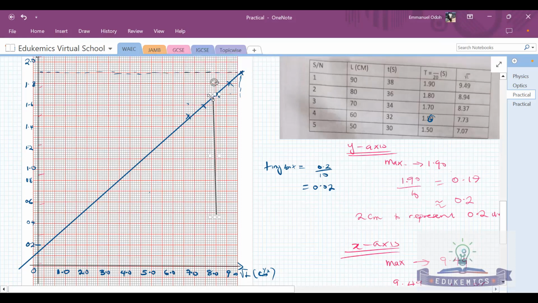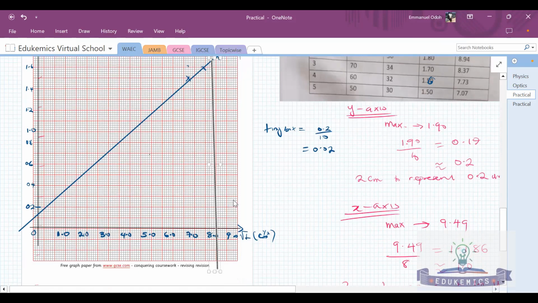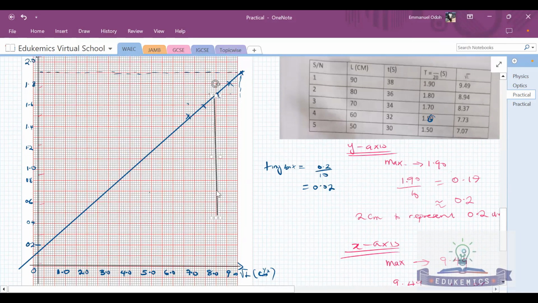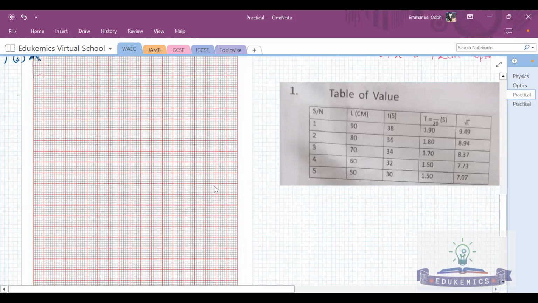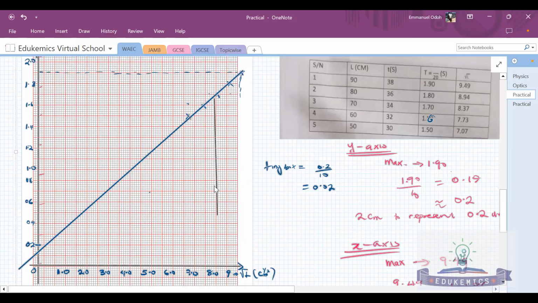Let me just use my free hand. I'm picking this line here. So let me even choose, I'm choosing this point.